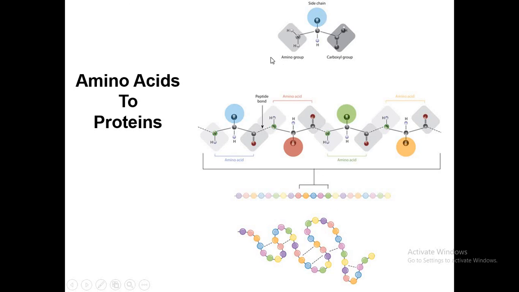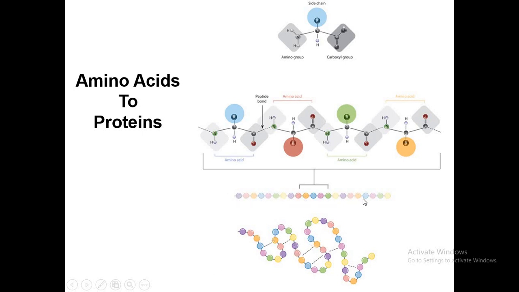We are seeing here a simple diagram of the amino acid. We can see this is the alpha carbon that is attached with a hydrogen, a side chain, one amino group and one carboxylic group. Many different amino acids join with each other via peptide bonds and make a long polypeptide chain, and many different polypeptide chains join with each other and form a protein.